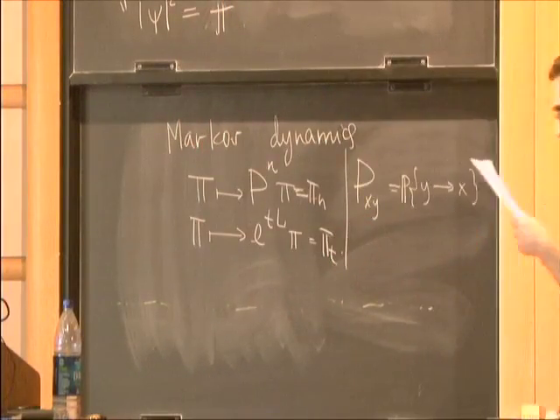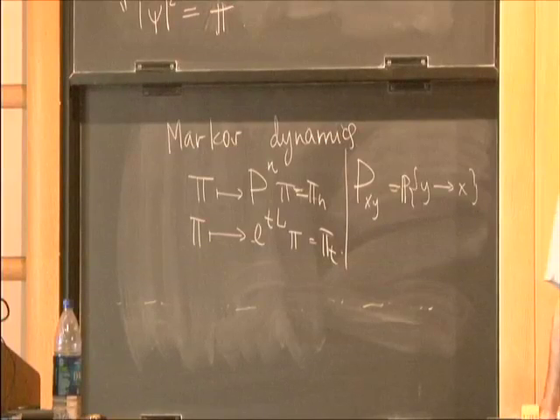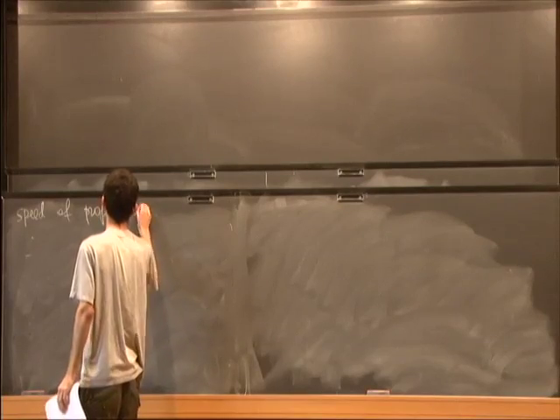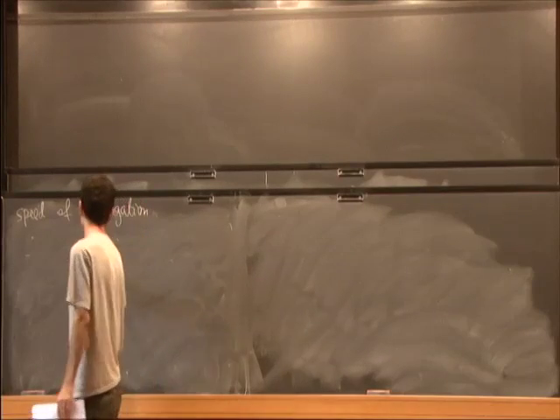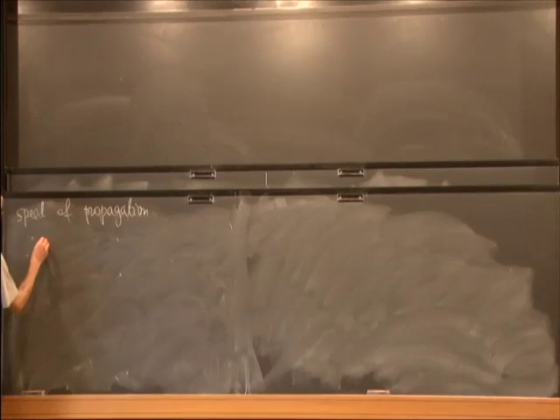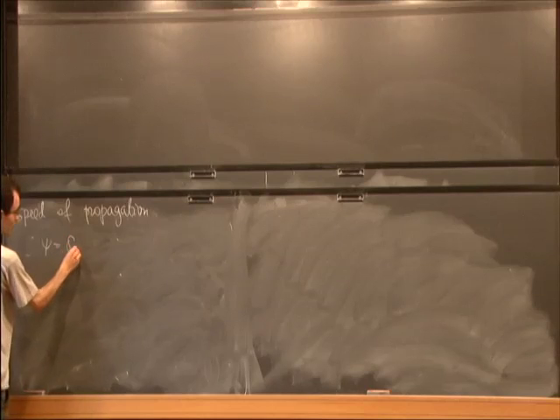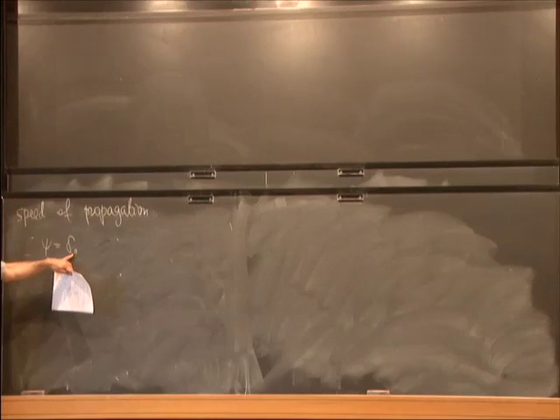Okay, so what I will be interested in is the speed of propagation, which is the following. We start with psi equal to the delta at 0, which is a function which is 1 at the origin and 0 at all the other sites of the lattice.